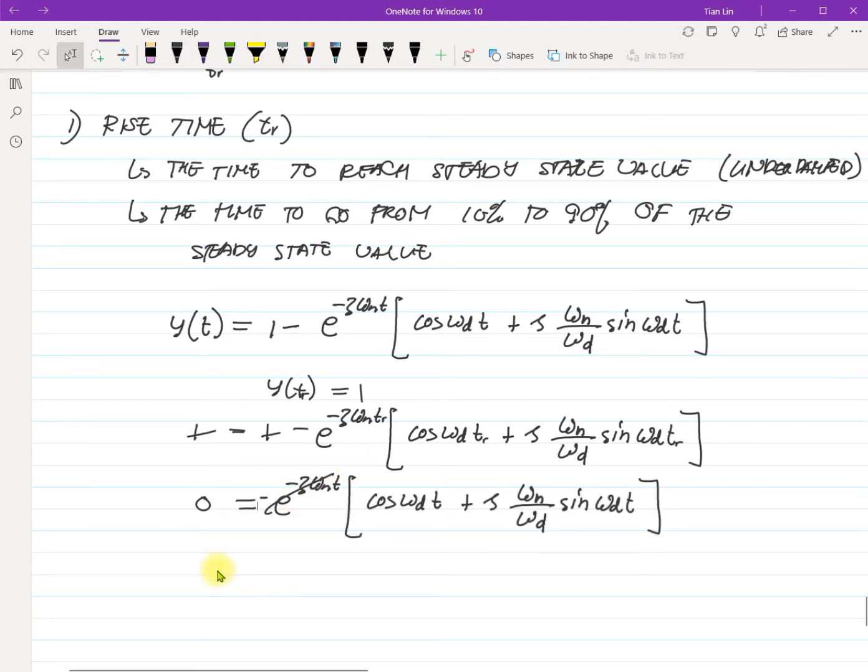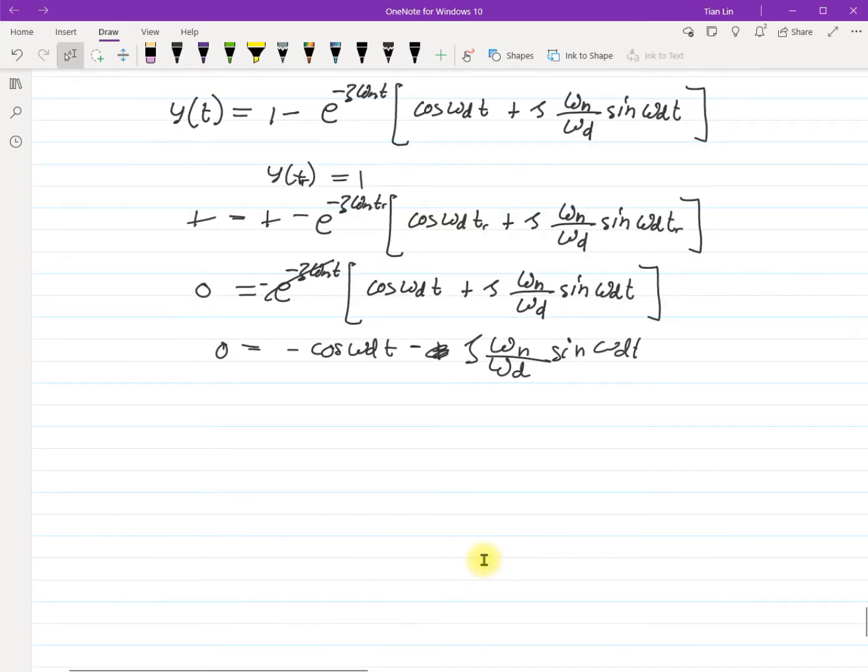So we have 0 equals negative cosine omega d t plus zeta omega n over omega d sine omega d t. Then this is also negative, we need to distribute the negative. And we can put cosine omega d t at the other side. Cosine omega d t will be equal to zeta omega n over omega d times sine omega d t.